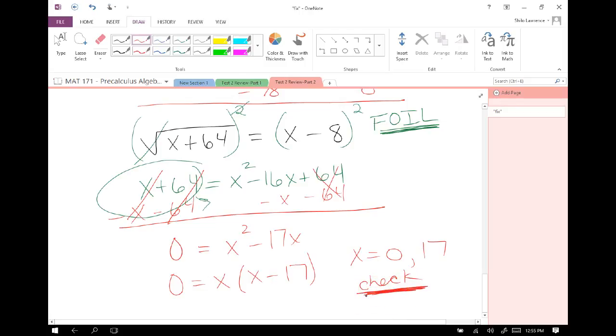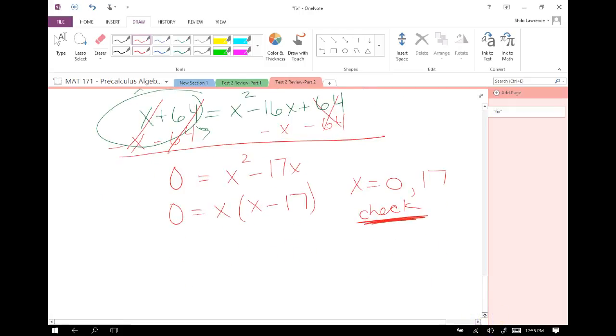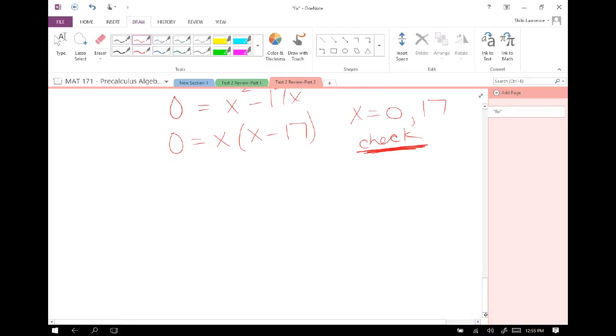So we go all the way back to the original problem and plug them in. The original problem said the square root of x plus 64 plus 8 equals x. And I'm going to replace the x's with zeros and see if that's true.